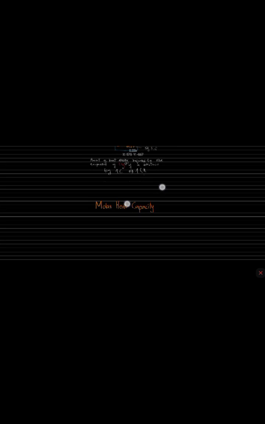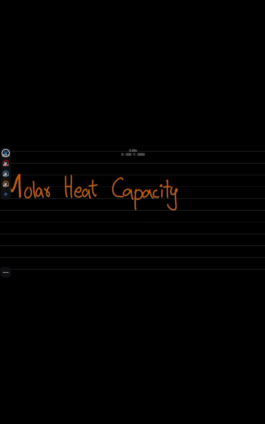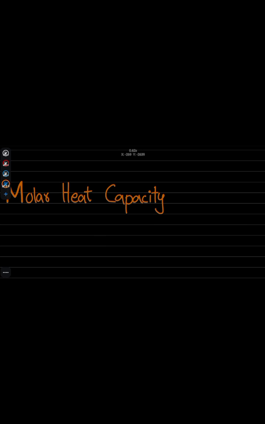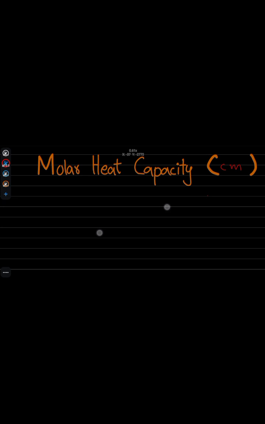Now let's come to the last term, which is molar heat capacity. So what is molar heat capacity? We'll discuss the definition first. Molar heat capacity is recognized by Cm.